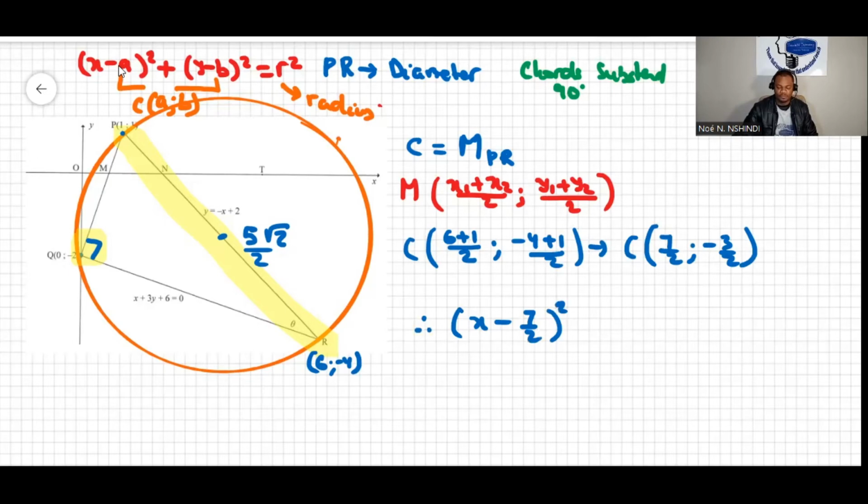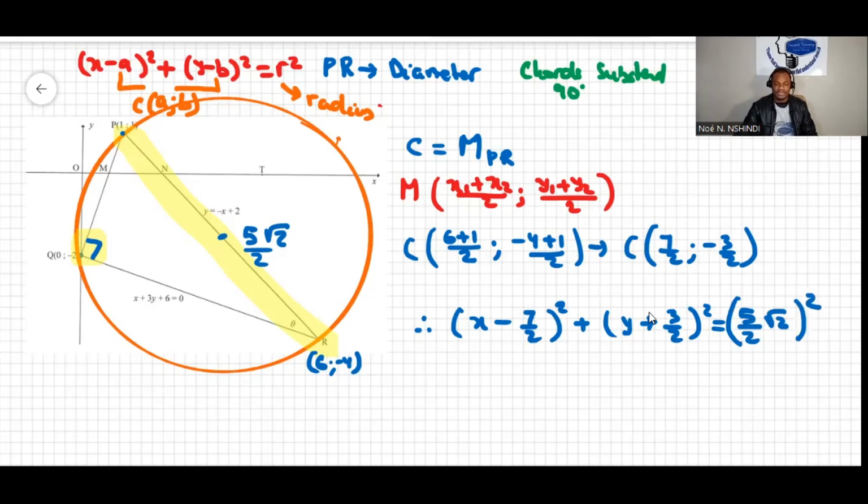Then plus y, careful here: I know b is -3 over 2, but there is another negative in the formula, so the two negatives make it positive 3 over 2, to the power of 2, equal to r, which is half the diameter, 5 over 2 square root of 2, to the power of 2.